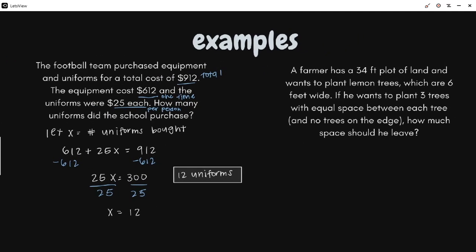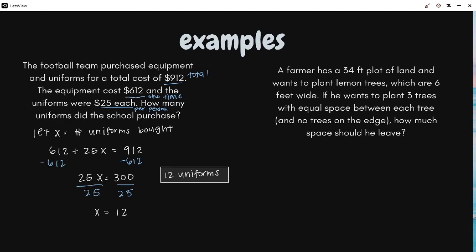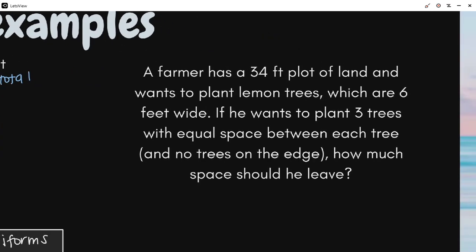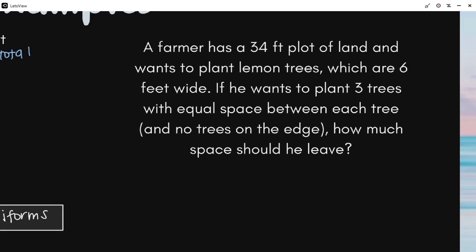Okay, and then for the next one, a farmer has a 34-foot plot of land and wants to plant lemon trees, which are 6 feet wide. If he wants to plant 3 trees with equal space between each tree and no trees on the edge, how much space should he leave?